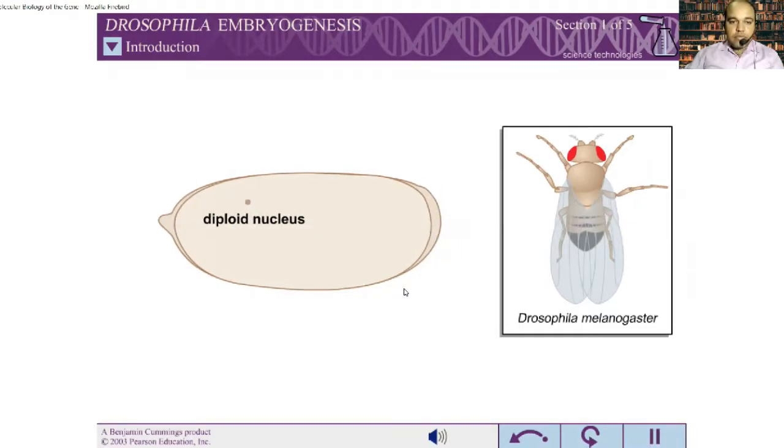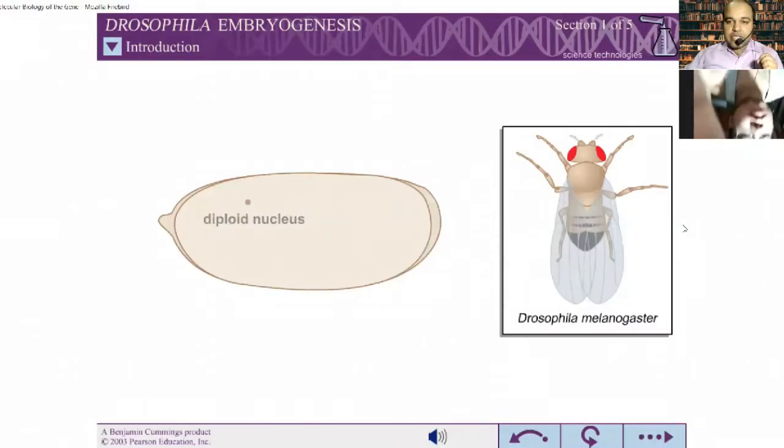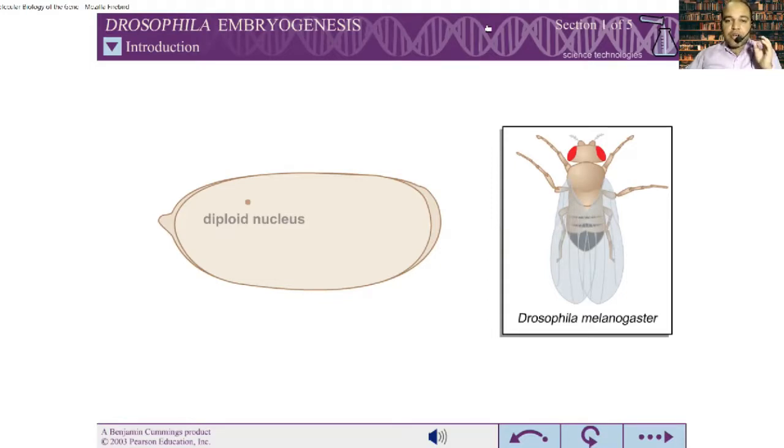Only a few hours after fertilization, the cells of a developing fruit fly embryo become irreversibly determined to differentiate into specific tissues in the adult fly. So just after a few hours, the cells become completely differentiated in order to form the different components of the fruit fly. एक बार जब एक जाइगोट का फॉर्मेशन होता है स्पर्म और एग के फ्यूजन से, उस जाइगोट के बाद में डिफरेंशिएशन होने लग जाता है.